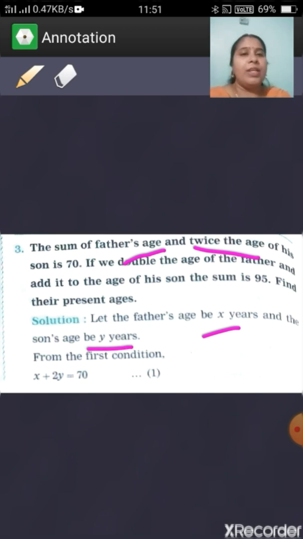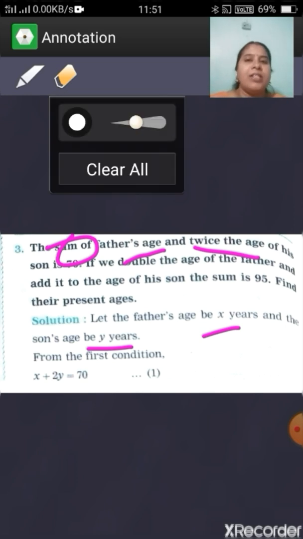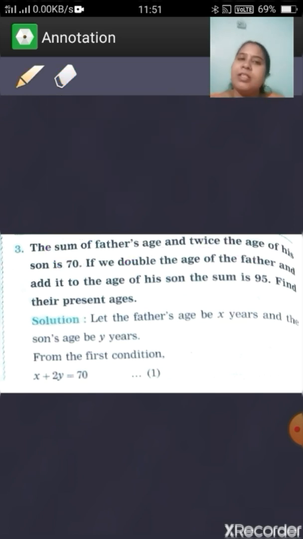So twice the age will be 2y. I have told you that sum means addition. So what I need to do is add father's age and twice his son's age and the total is nothing but 70. So the first equation is x plus 2y is equal to 70. I hope you are understanding how we are getting the first equation. Number it as equation number 1.